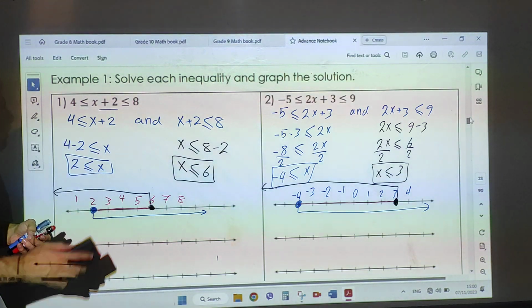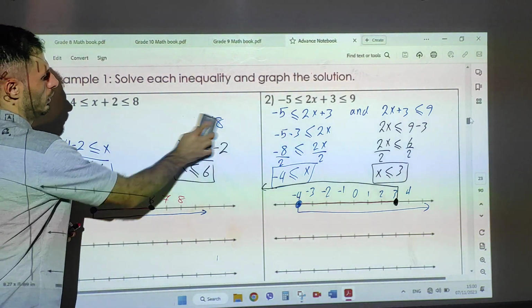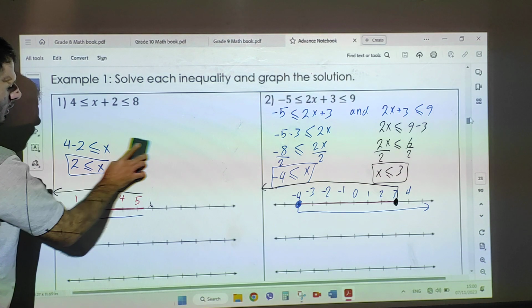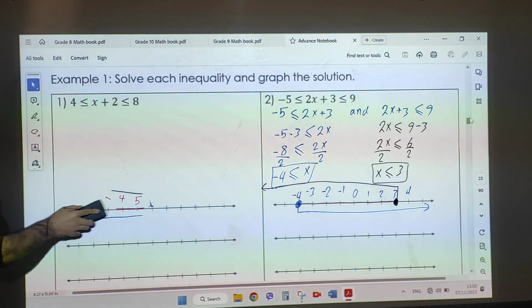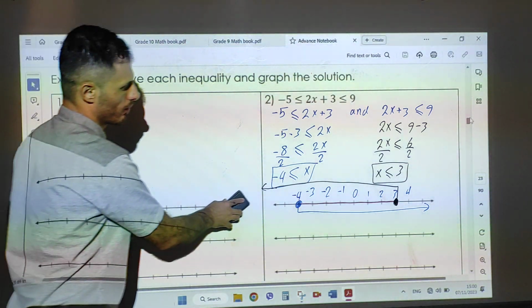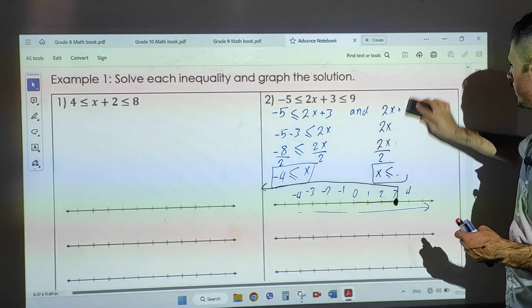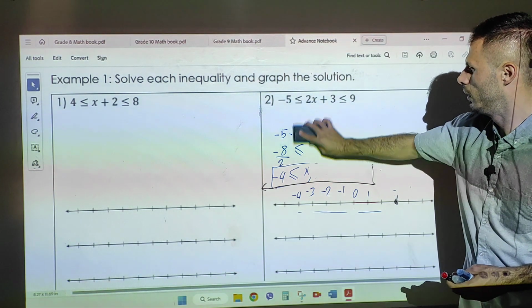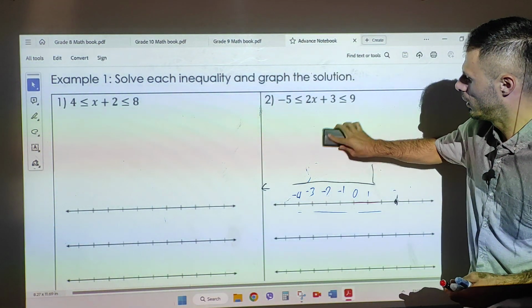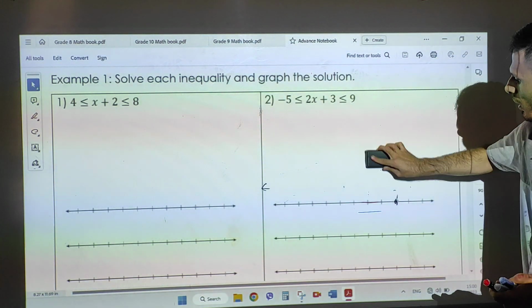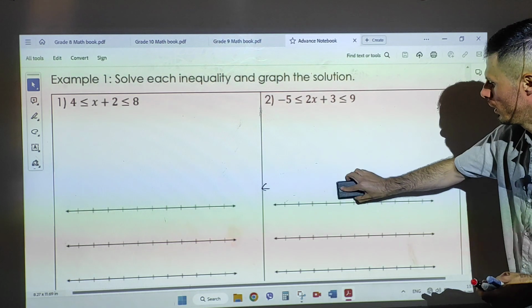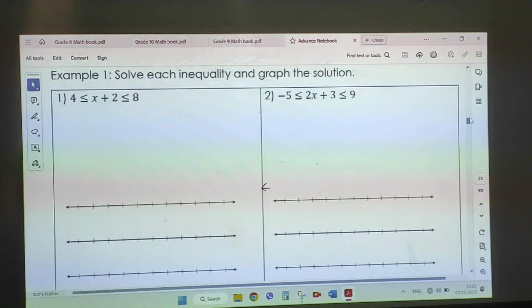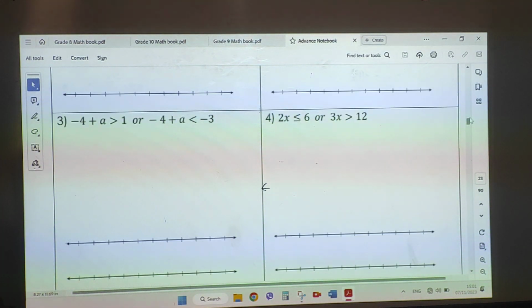Now we solve two examples about OR. For the examples about OR, in OR it's already given.